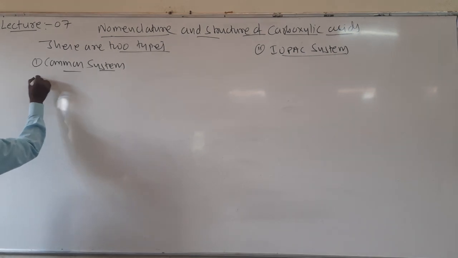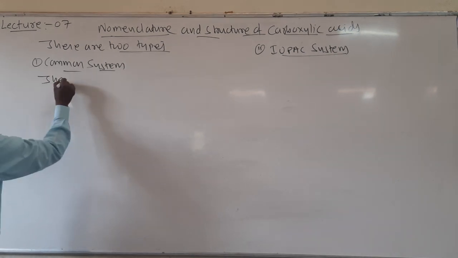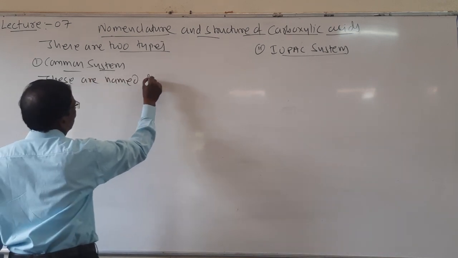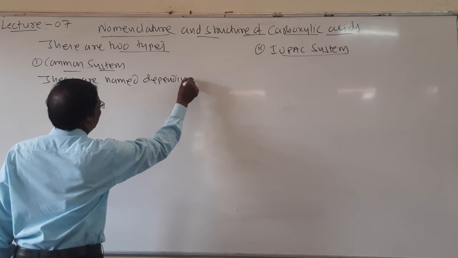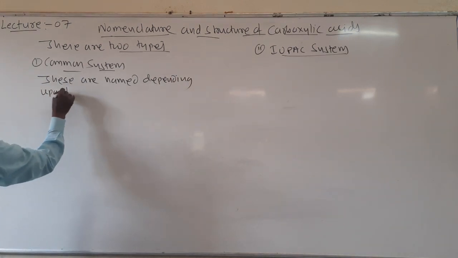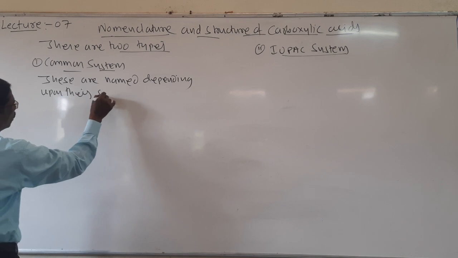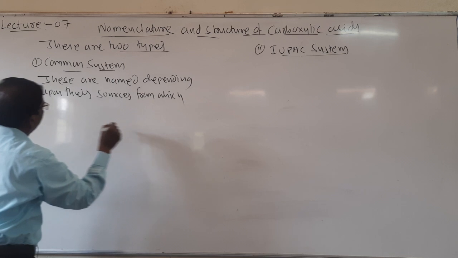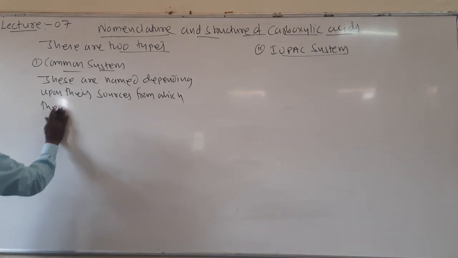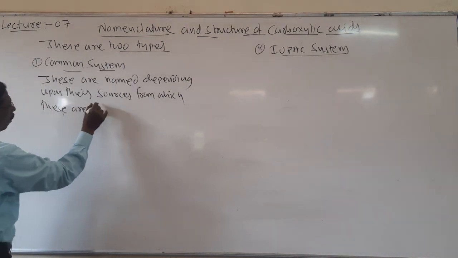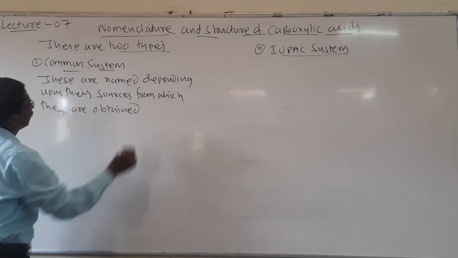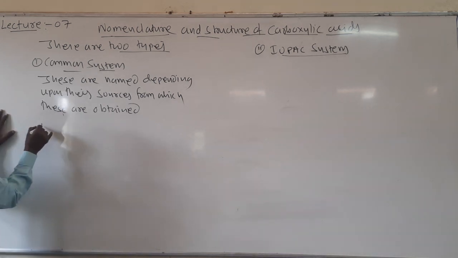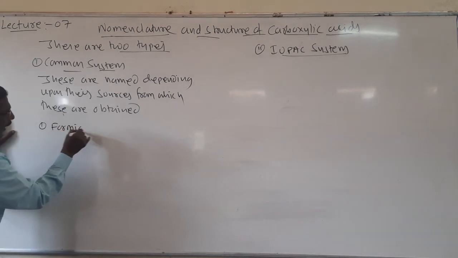So these are named depending upon their sources from which they are obtained. For example, the best example, formic acid.